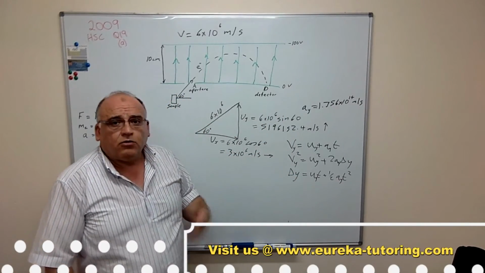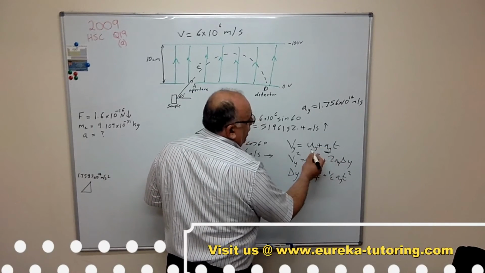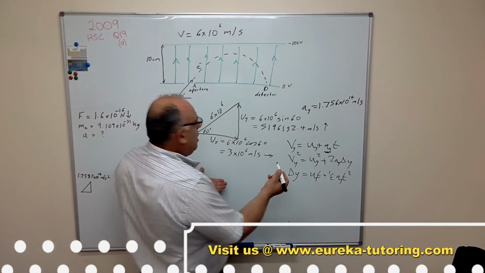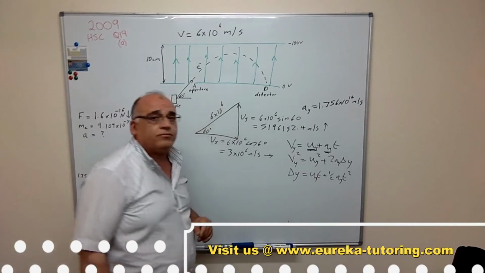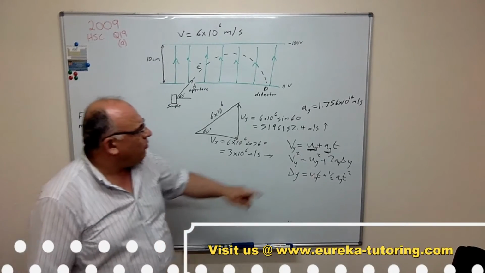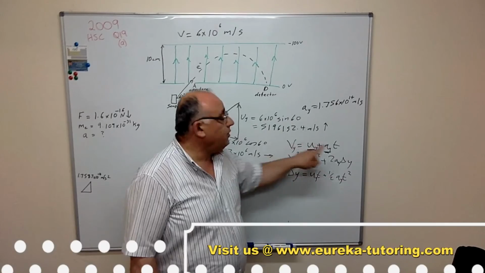We look at our data. What do we have? We have acceleration. We have our initial vertical velocity, and we're asked to find time. Now, we don't have Vy, so we have two unknowns.